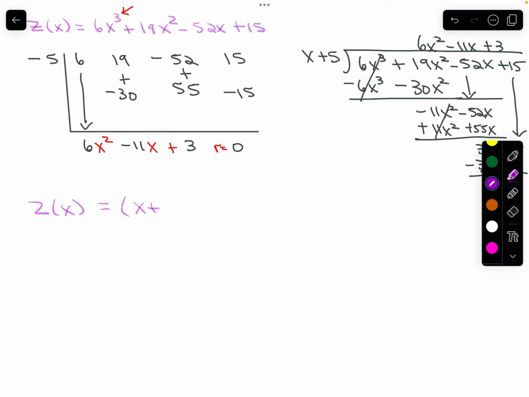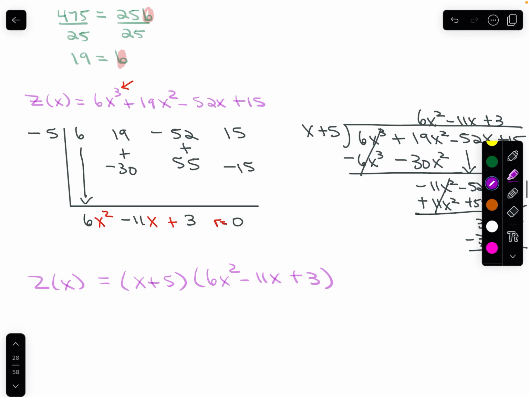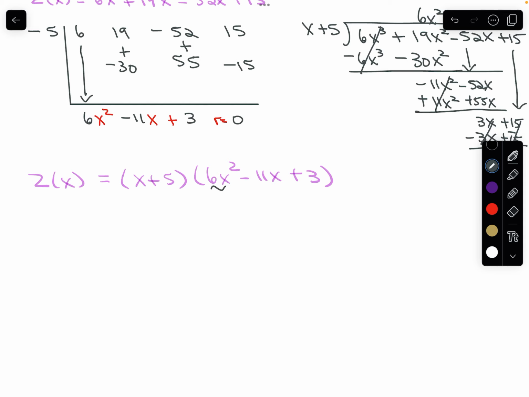We know it has a factor of x plus 5. And now we know it has a factor of x squared minus 11x plus 3. So now we want to think about, can we factor this expression?